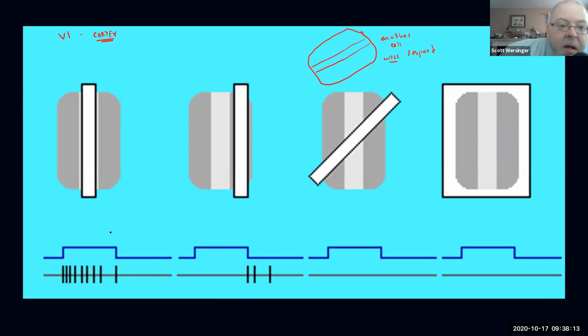Okay, and actually, I think I told you, if you think about the retinal ganglion cells, right? If we have a center on, surround off, and we put a whole bunch of those together, you can see how that comes up with something that looks a lot like this, right?